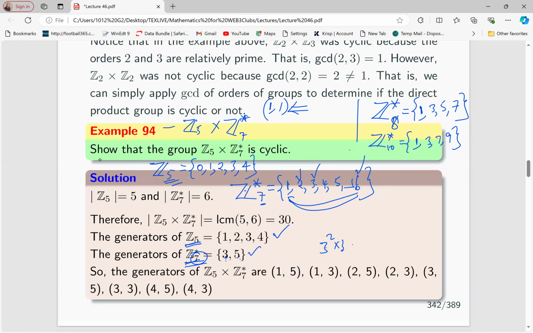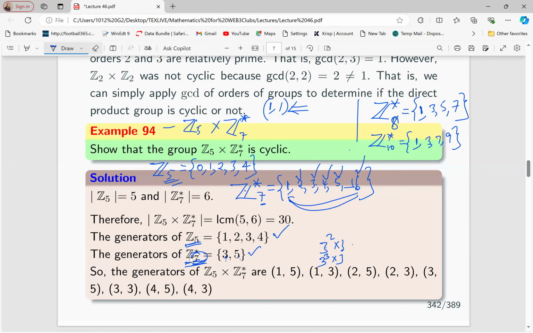Then 3 four times is 3 thrice times 3, which is 6 times 3, that is 18. 18 mod 7, the remainder is 4. And so on, and then you get 5. So 3 generates. You can use the same method we used last time to find generators, so you can listen to the video.